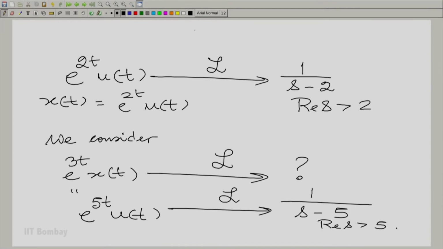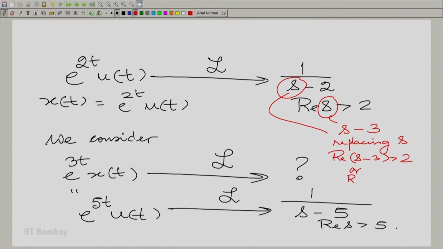And essentially that can be obtained by putting s minus 3 in place of s, and s minus 3 replacing s here as well. So, real part of s minus 3 is greater than 2 or real part of s is greater than 5. Simple enough. So, what happens here? Here there can be a substantial change in the region of convergence. In fact, the region of convergence can shift backward or forward depending on the exponential by which you have multiplied.